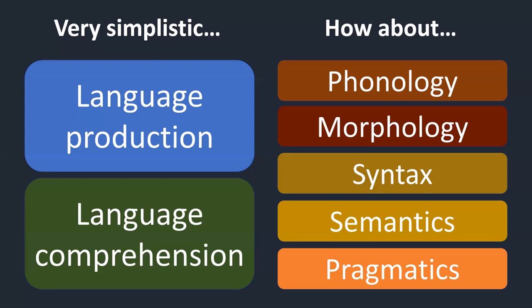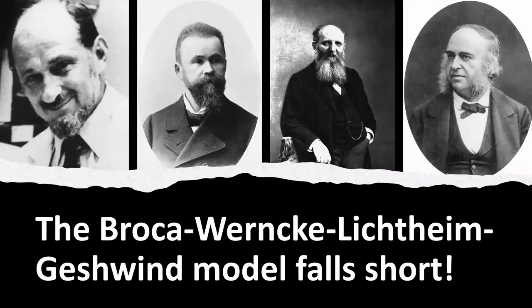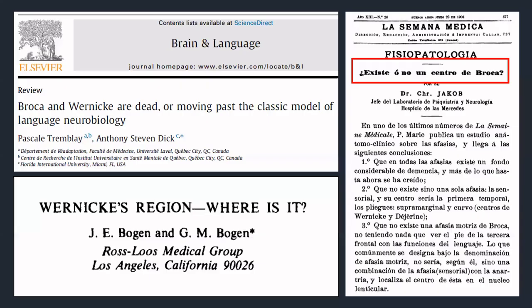And these are also just the superficial characteristics. If we really go into analyzing language deeply, well, it has a lot more components than these. So, in short, the Broca-Wernicke-Lichtheim model falls short, has its limitations, but this is nothing new. This is a nice study published in 2016, but I'm a bit bothered by the title.